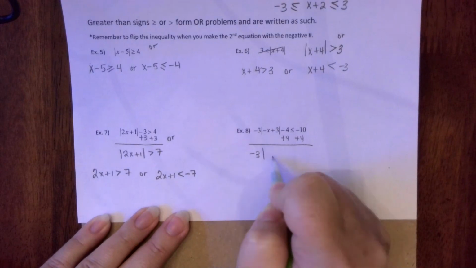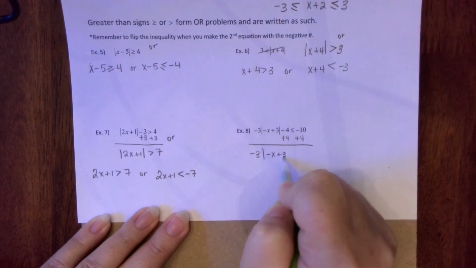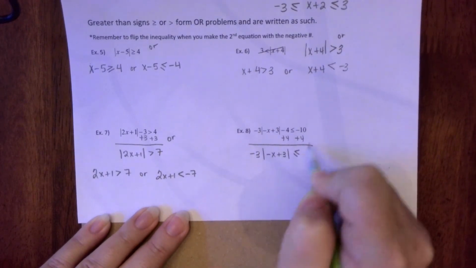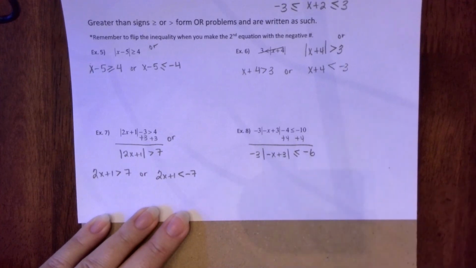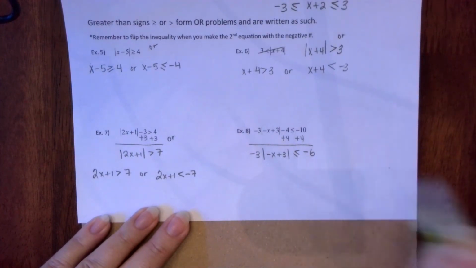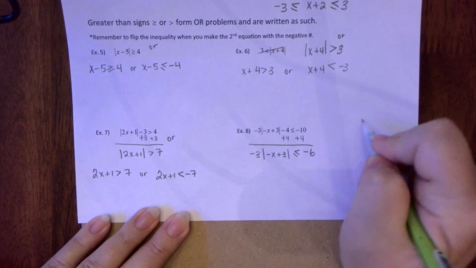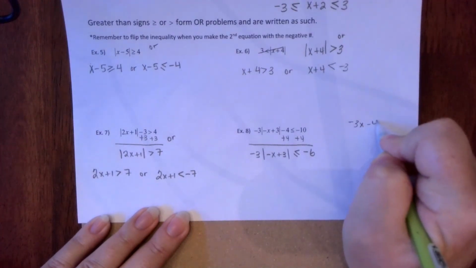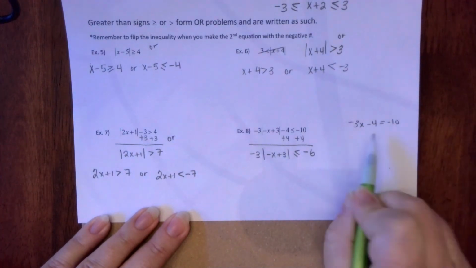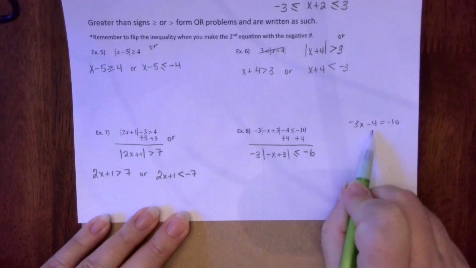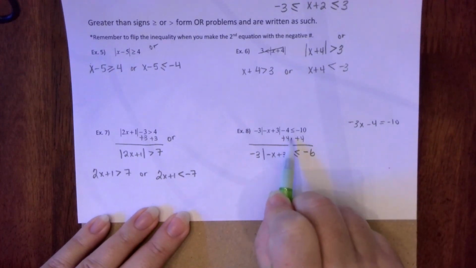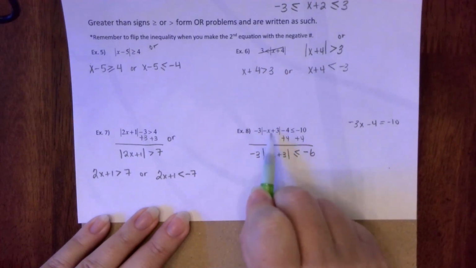Negative 3 times the absolute value of negative x plus 3 is less than or equal to negative 6. Okay? So I added my 4 first. It's almost as though I had a problem that looked like this. If you had a problem that looked like that, you would add your 4 first. Same thing going here because you're trying to isolate this absolute value.